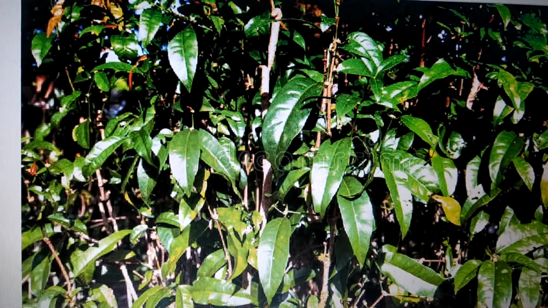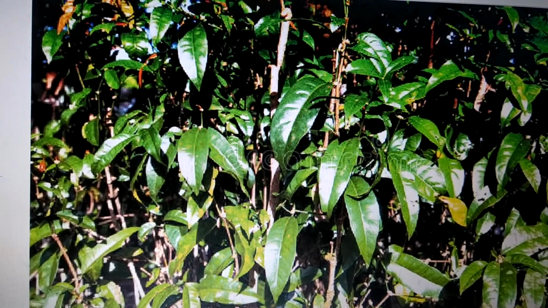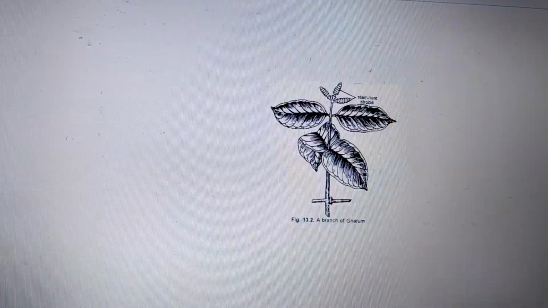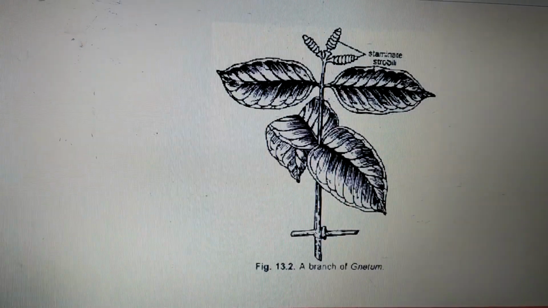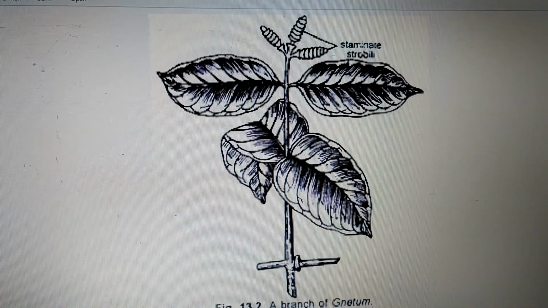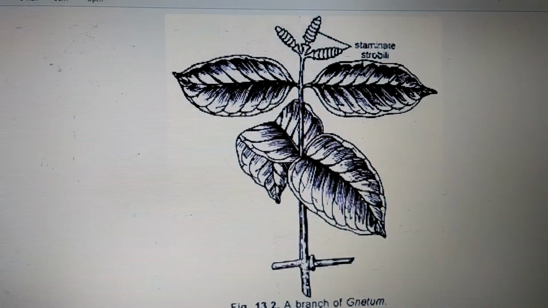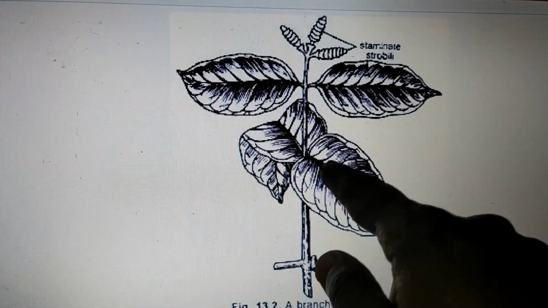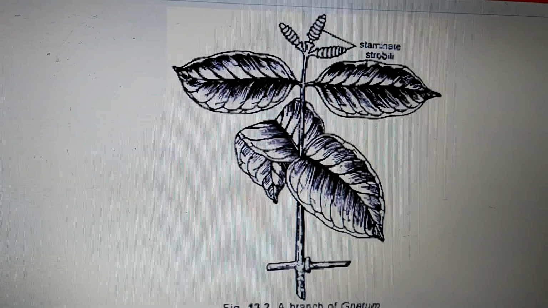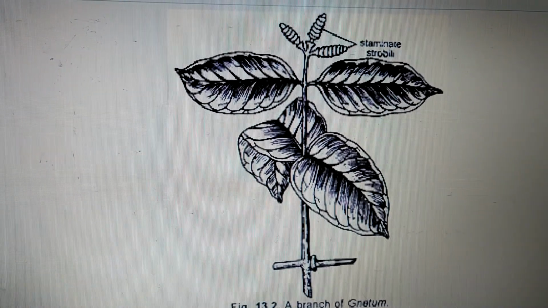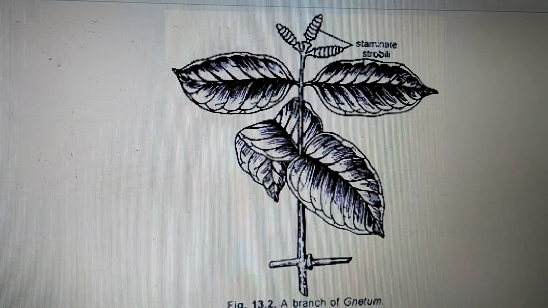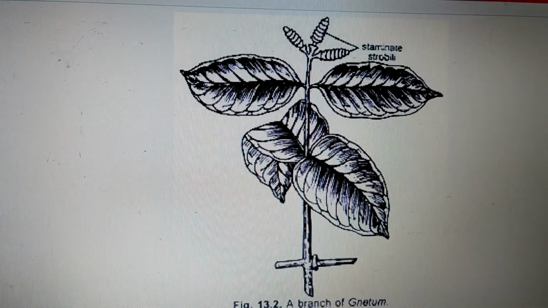Apart from this, they have reticulate venation in the leaves. So these are the leaves. Leaves show reticulate venation, venation in the form of network-like structures. We know that we have veins and veinlets in the leaves. So the arrangement of veins and veinlets is in the form of a web-like network type. This kind of arrangement is called reticulate venation.